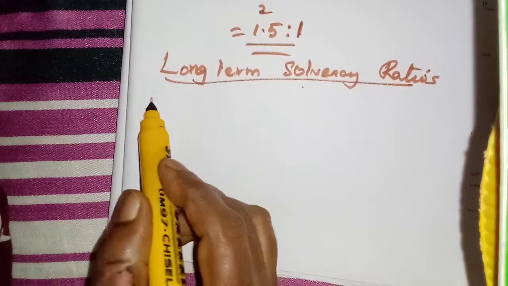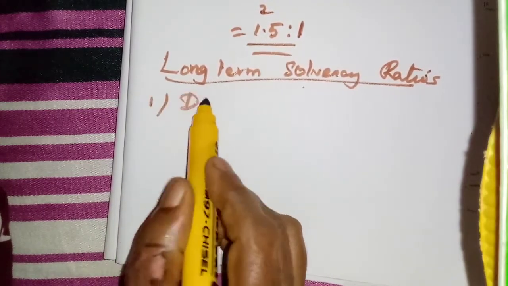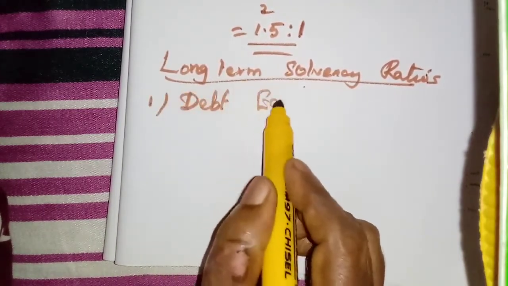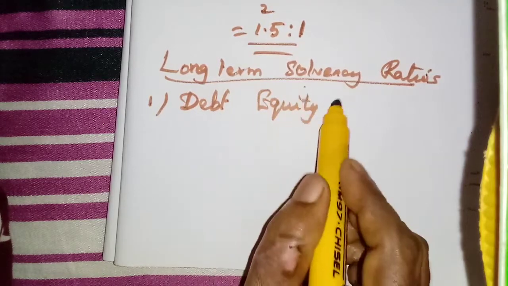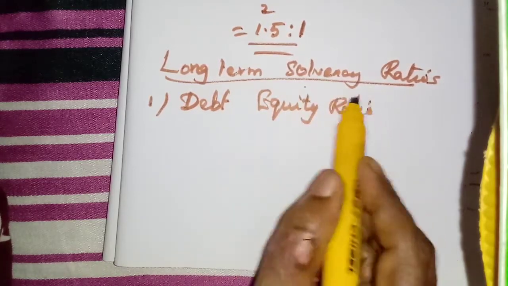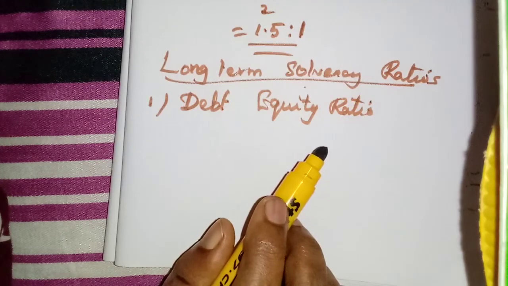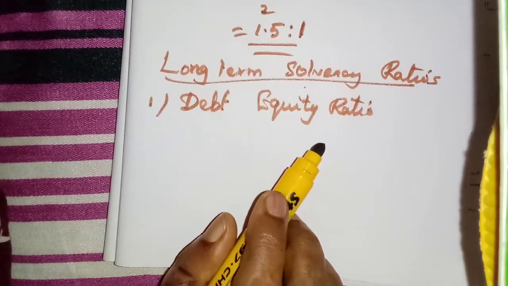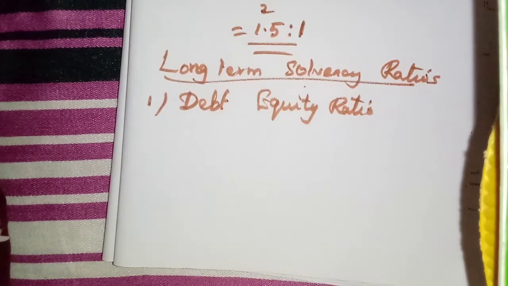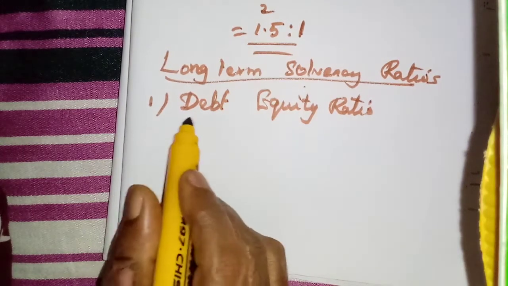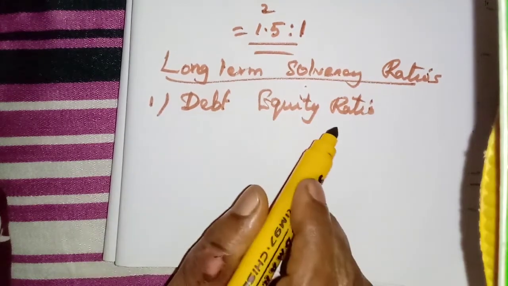The first one is the debt equity ratio. Then the proprietary ratio, and the capital gearing ratio. If we learn these three ratios, we can do the next problem. So first we will learn what the debt equity ratio is.